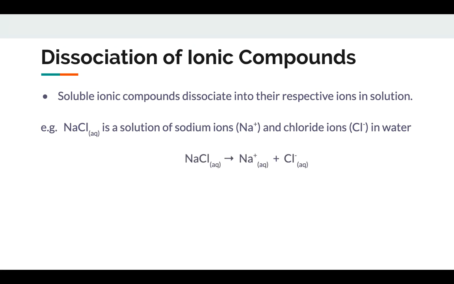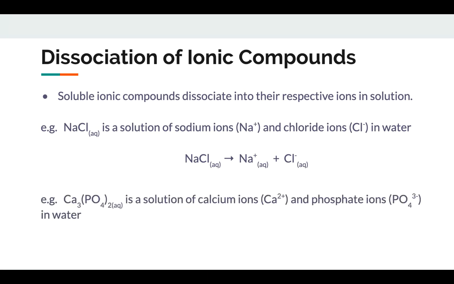And we can write a dissociation equation like this. Sodium chloride aqueous dissociates into aqueous sodium ions and aqueous chloride ions. Another example is if we were to have a sample of aqueous calcium phosphate, it would actually be a solution of calcium ions and phosphate ions in the water.